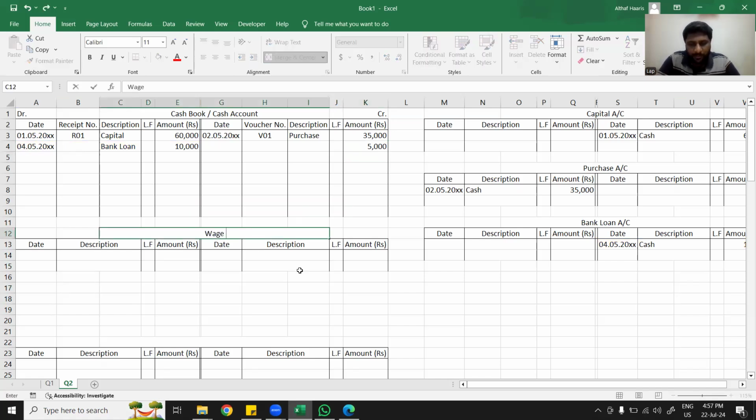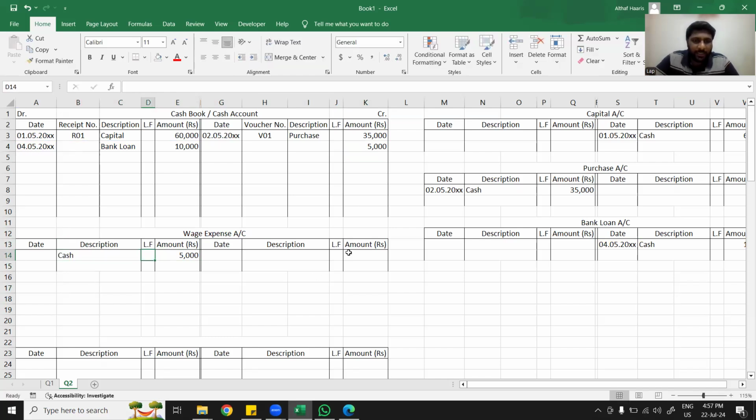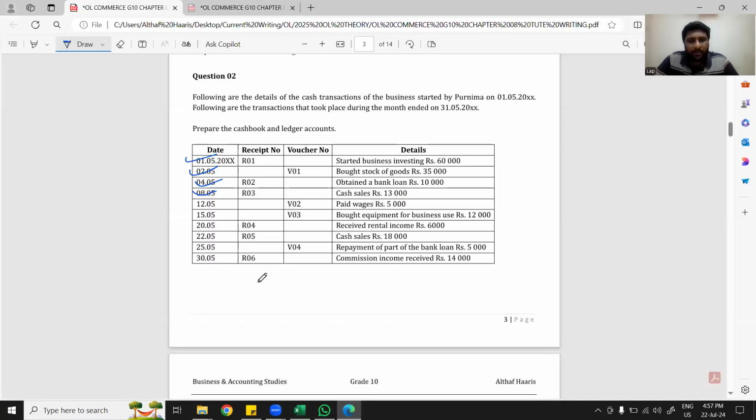Wage is an expense that you are paying. Expenses are debit. Switch the names: cash, and here wage. Wage debit, cash credit. The date 12/5.